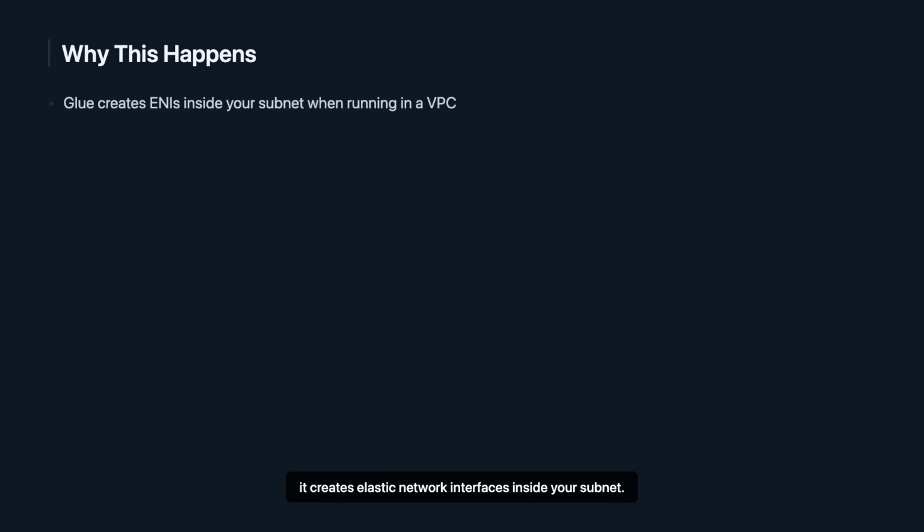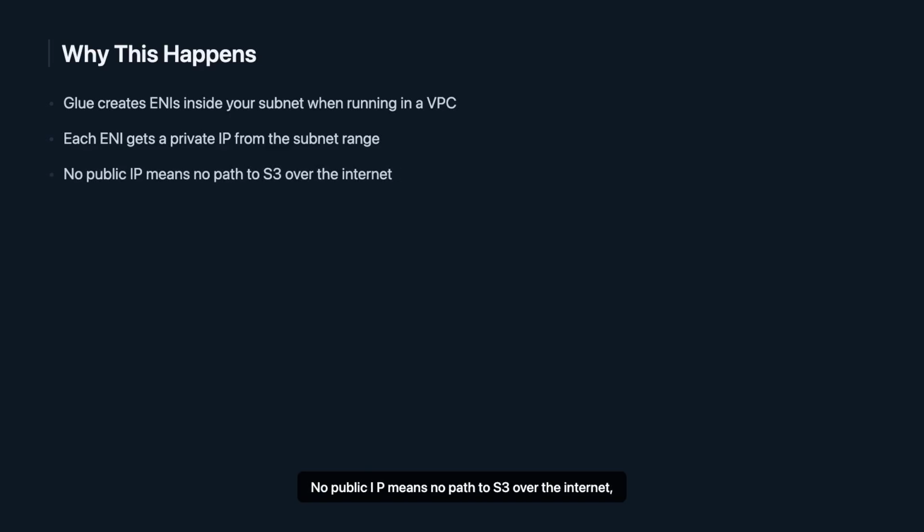Here's why this happens straight from the docs. When Glue runs in a VPC, it creates elastic network interfaces inside your subnet. Each ENI gets a private IP from your subnet range. No public IP means no path to S3 over the internet, even though S3 is normally accessed that way.